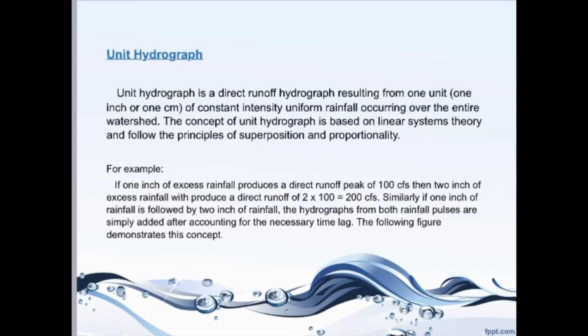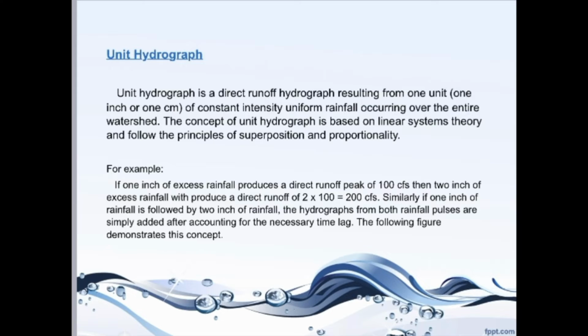The concept of unit hydrograph is based on linear systems theory and follows the principles of superposition and proportionality. So for example, if 1 inch of excess rainfall produces a direct runoff peak of 100 CFS, then 2 inches of excess rainfall would produce a direct runoff of 2 times 100 equals 200 CFS.